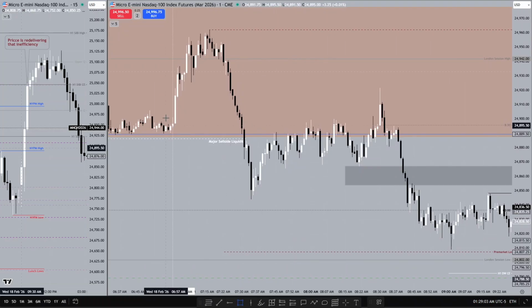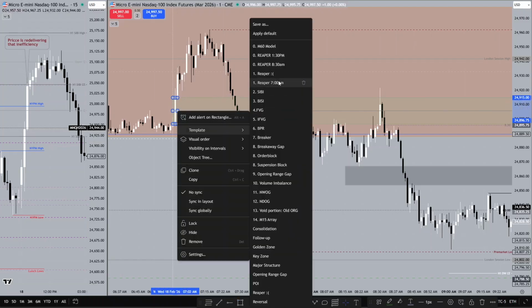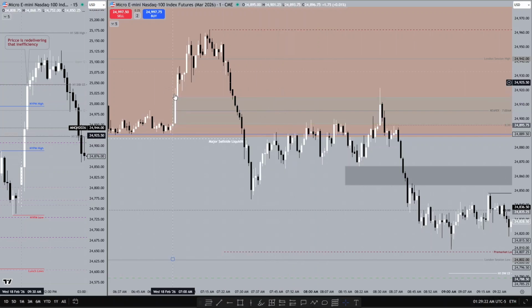But it's mostly a small range, and 7 a.m. comes in here, 7:01 comes in here. So this particular buy side imbalance, sell side inefficiency is the Reaper, or first presented fair value gap after 7 a.m. So that's important.